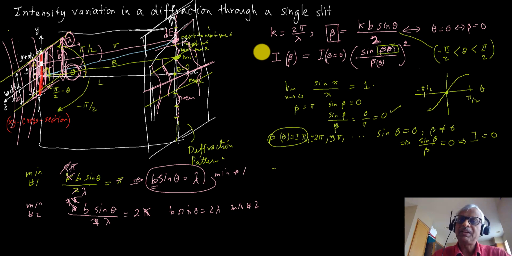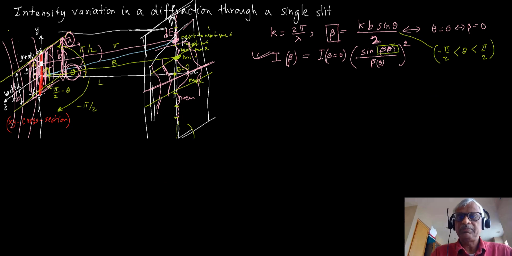So the minima are very easy to get from this formula. I will show you towards the end of the video how to derive this formula, but right now I'm just exploring minima and maxima. How about the maxima? Let me erase this and show you.